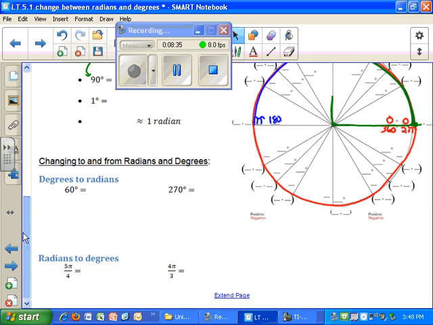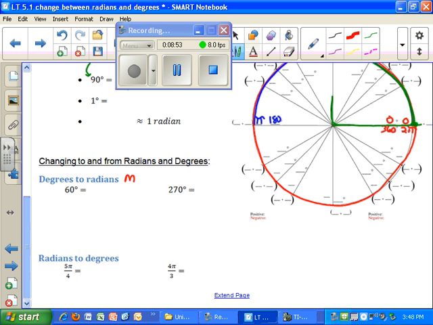So we want to come up with this rule. How do we change from degrees to radians? If we know that 360 degrees is 2 pi, and 180 degrees is pi, and 90 is pi over 2, how can we go from degrees to radians?